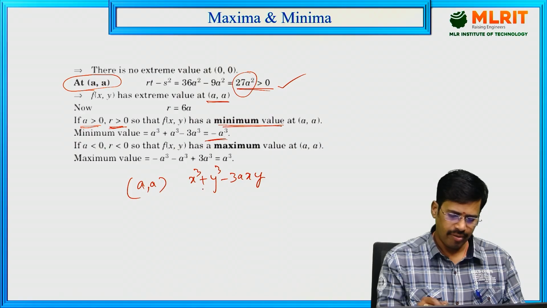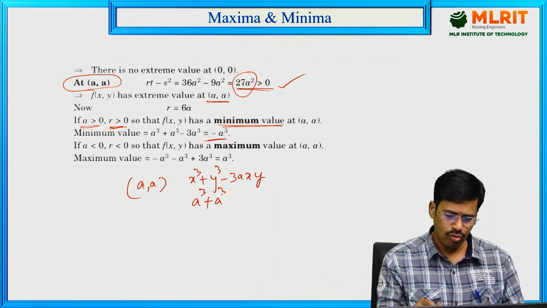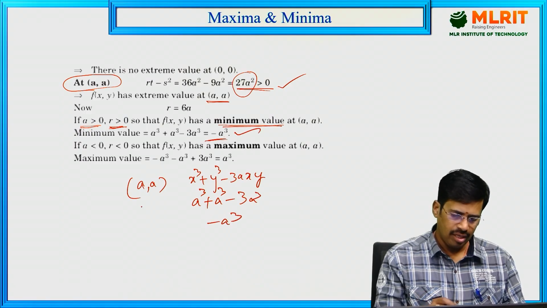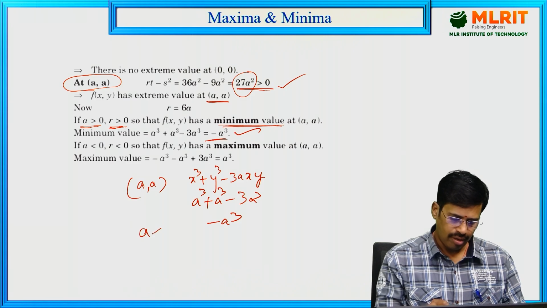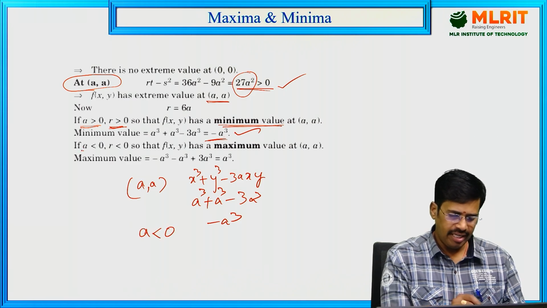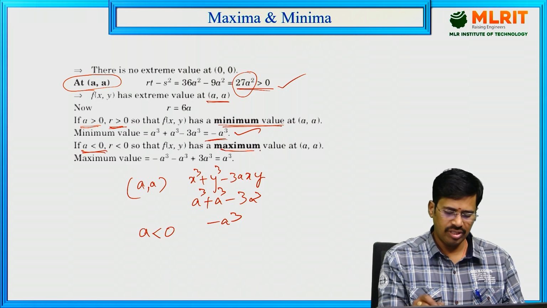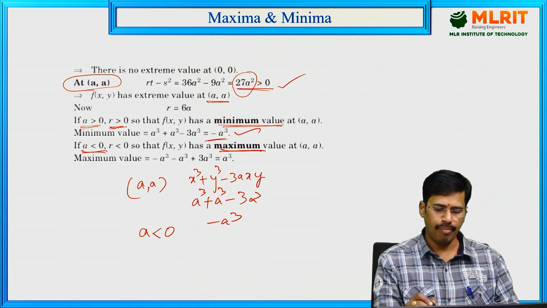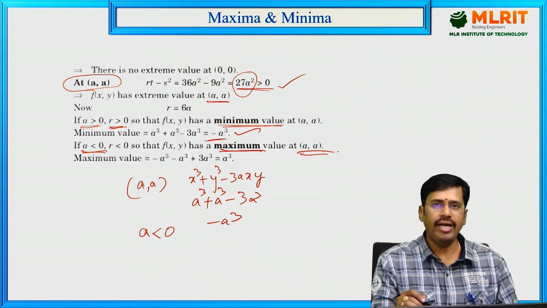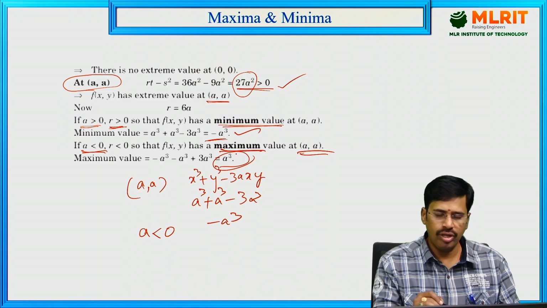Substitute x equal to a and y equal to a. So a cube plus a cube minus 3a cube. So this is minus a cube. Similarly, if a is less than 0, then the function has a maximum value at the point (a, a), and the maximum value is plus a cube.